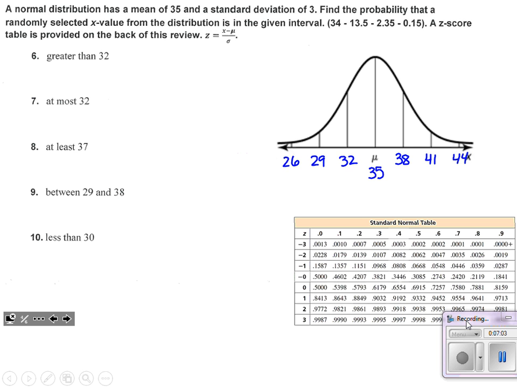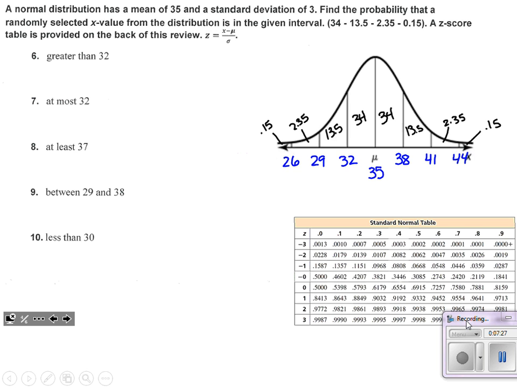All right, well, let's look at greater than 32. So we know that our wedges in this, go ahead and label those as 34s, 13.5s, 2.35s, and the tail ends 0.15s.